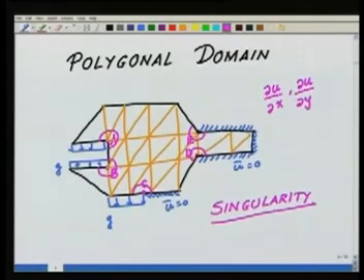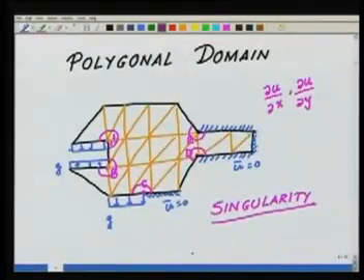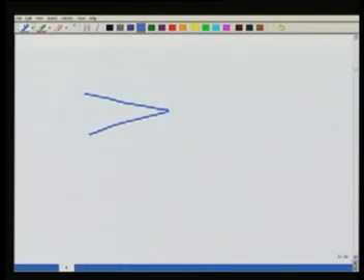Because of this, the question is: can we characterize the singularity? It turns out that yes, in the vicinity of these corners I can characterize the singularity. How? Let's say I take a generic corner. This is my generic corner O.